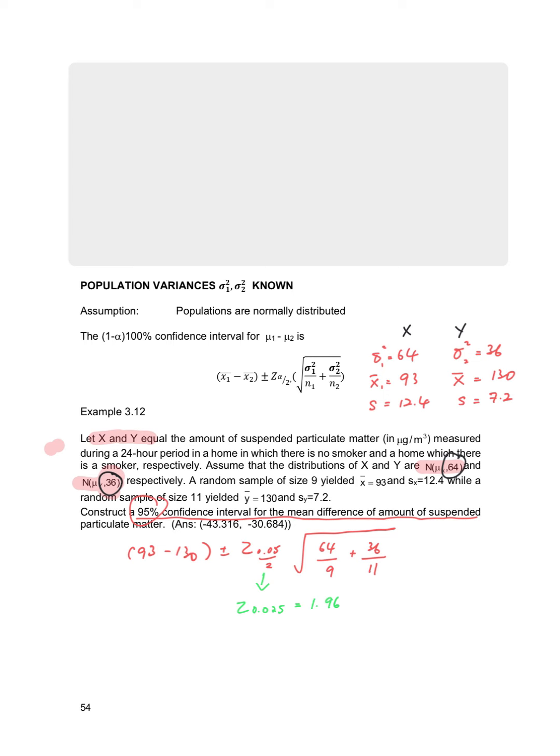So 93 tolak 130, kita dapat negative 37 plus minus 1.96 times, okay, times 3.2224.